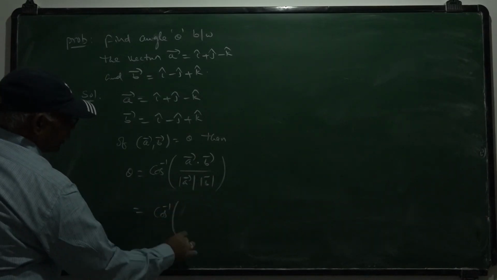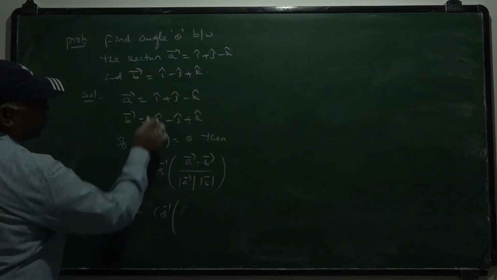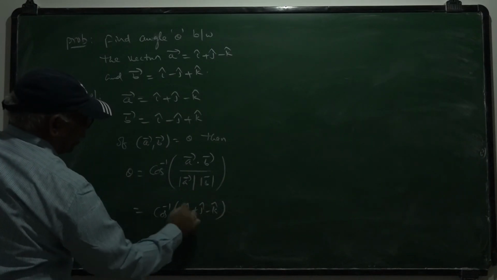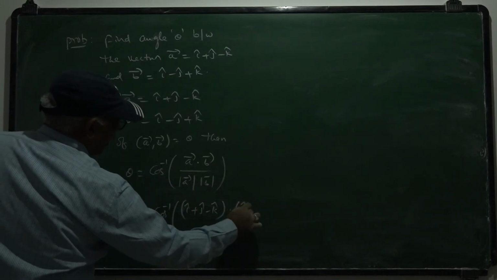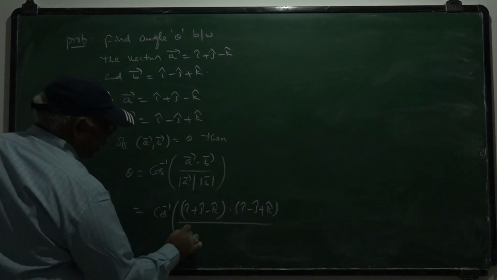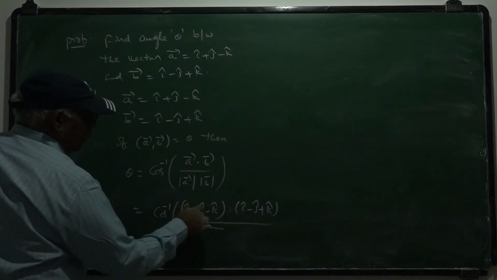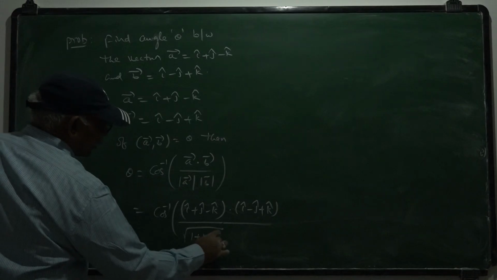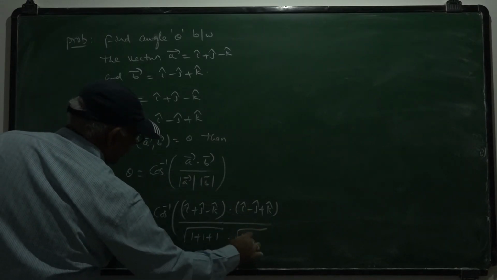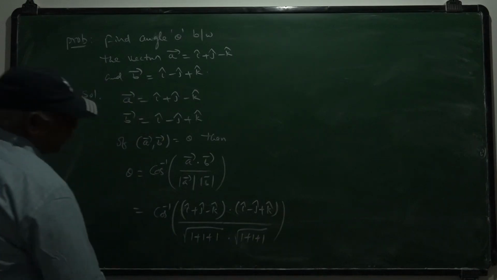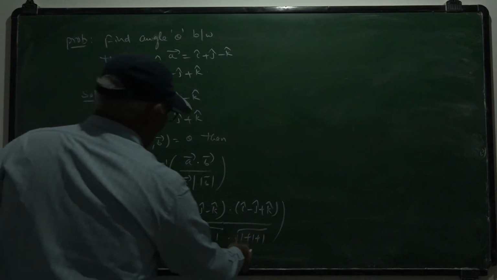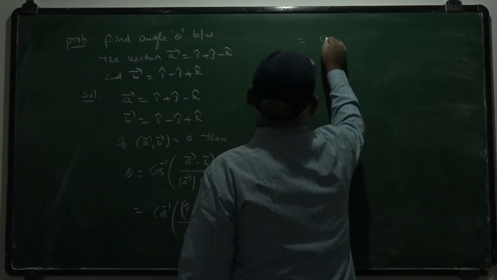So, cos inverse of the dot product of these two, i plus j minus k dot i minus j plus k, by modulus of i plus j minus k, which is 1 plus 1 plus 1, into modulus of i minus j plus k, which is also 1 plus 1 plus 1. This is the modulus of A bar and this is the modulus of B bar. Root 3 into root 3 gives us 3 itself in the denominator.